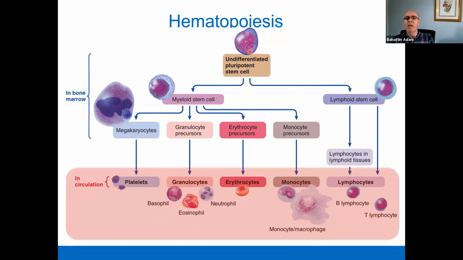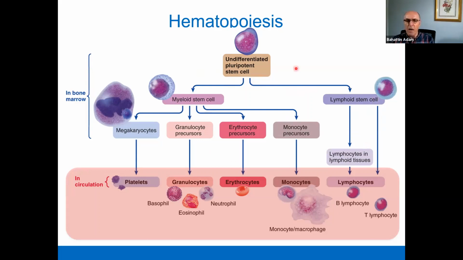Okay, the rest of the cells will be produced from these guys. After differentiation, they become progenitors, the myeloid stem cells and lymphoid stem cells first.